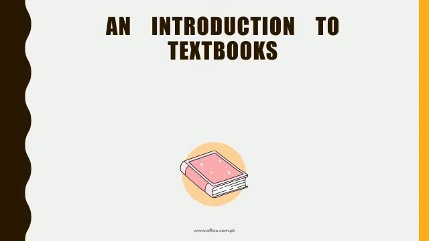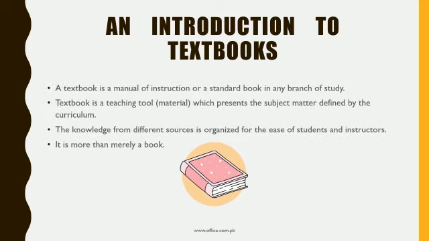Before moving towards how to read the textbook, let us have an introduction to what textbooks are. Dear students, according to the Wikipedia definition, a textbook is a manual of instructions or a standard book in any branch of study. A textbook is a teaching tool for the teachers and a study tool for the students.